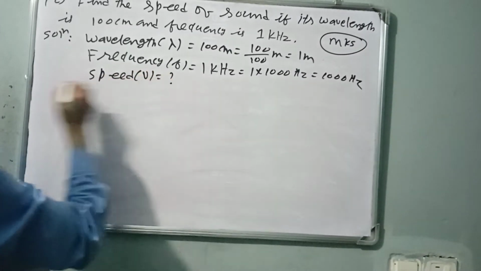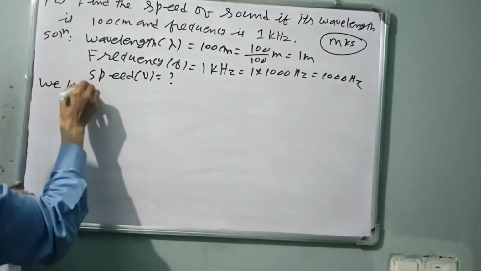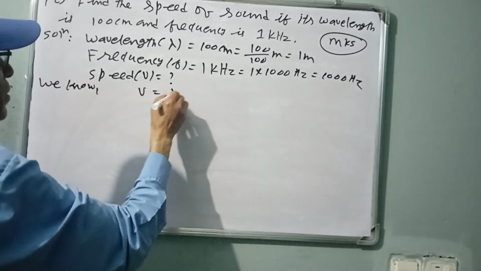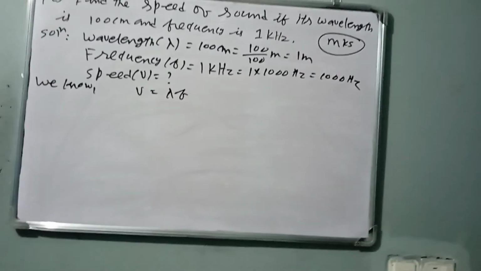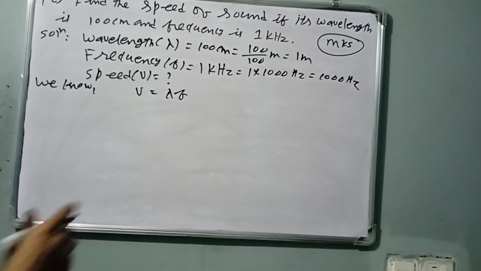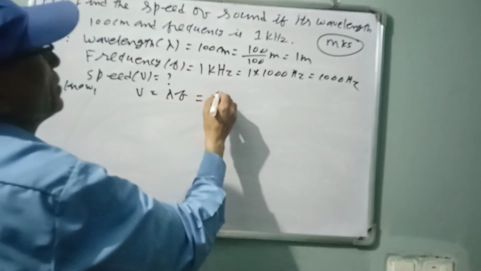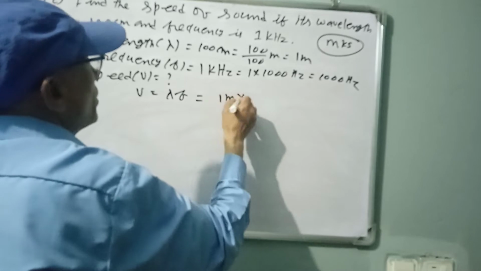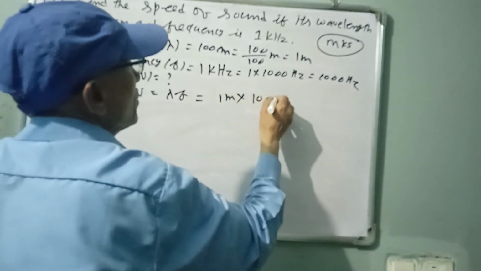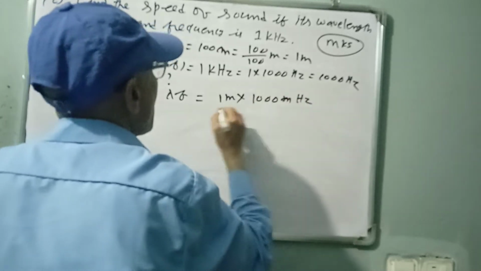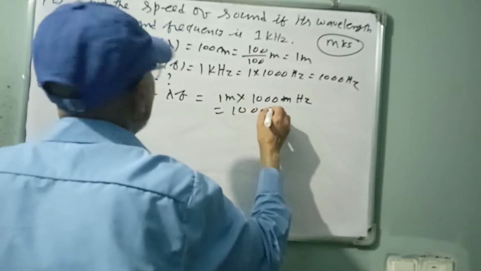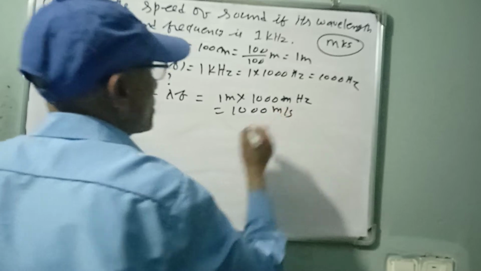What is the speed? We know v equals lambda f is the formula to find the speed of sound. Lambda is 1 meter, frequency is 1000 hertz, so that is 1000 meter per second.